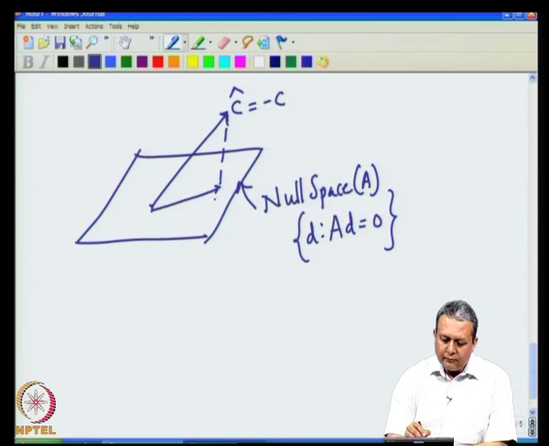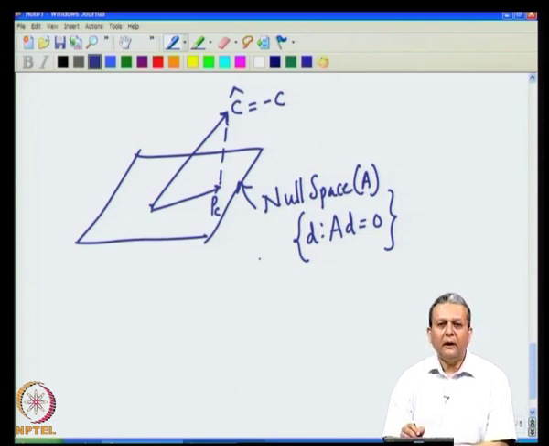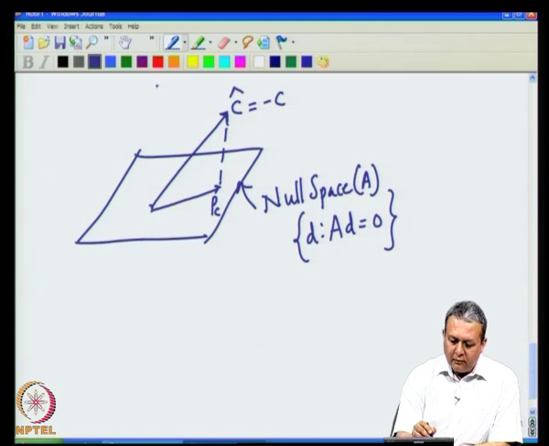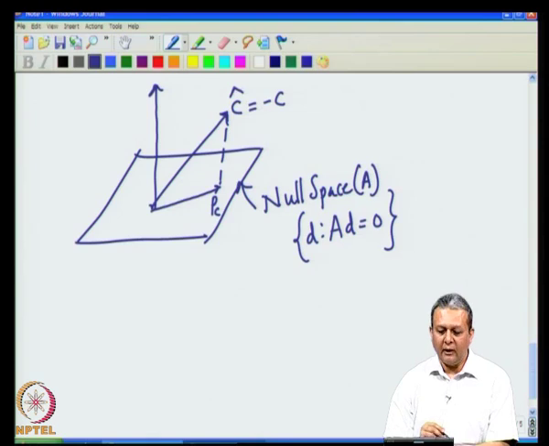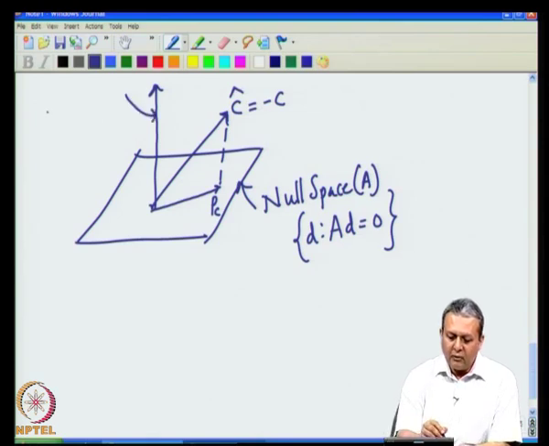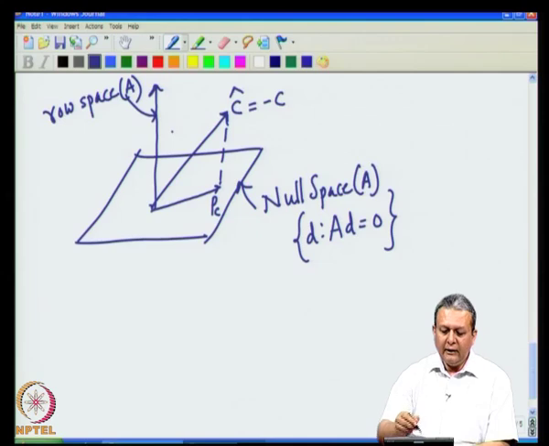So, let us denote this component by Pc, the projection of the steepest descent direction. Now, we know that there is a space which is the orthogonal complement of the null space of A, and this space is called the row space of A. So, any vector c hat, which is in the n dimensional space, can be split into two parts.